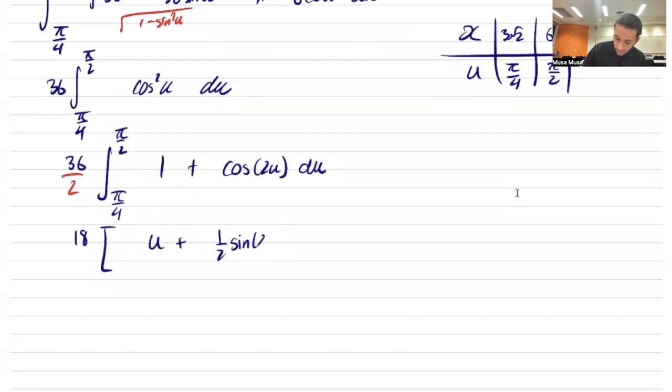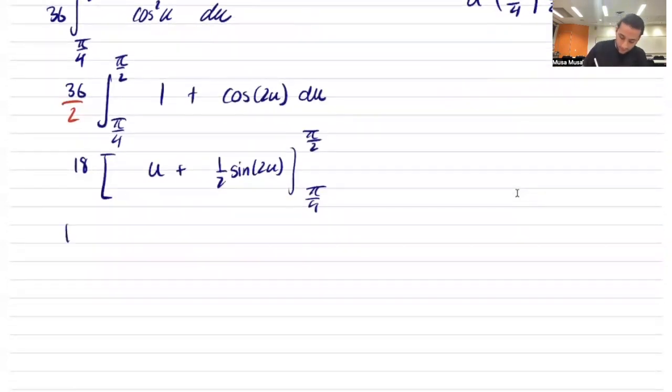Let's write this out a bit better. From pi on 4 to pi on 2. And let's sub in pi on 2 plus a half of sine pi is 0, then minus pi on 4 plus a half of sine pi on 2. So plus a half.